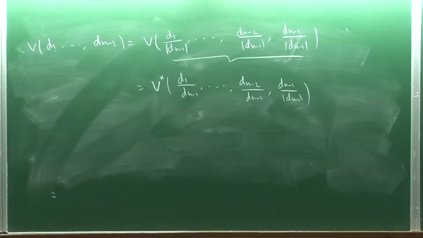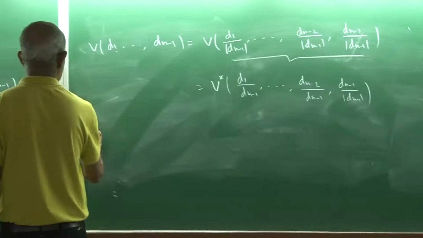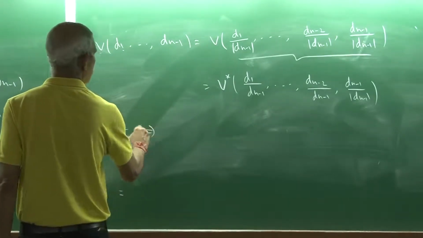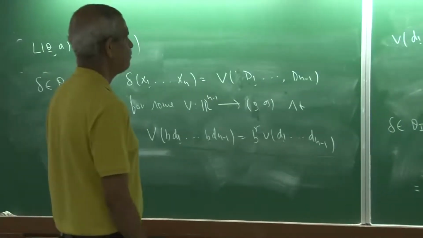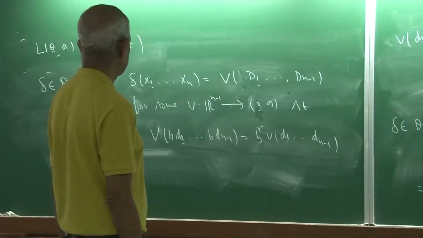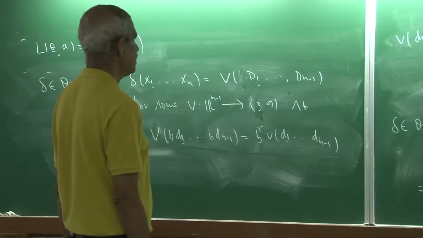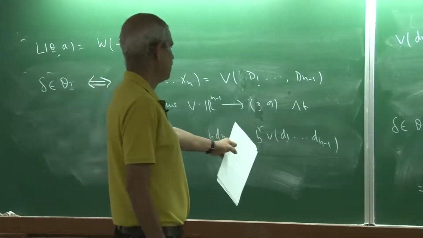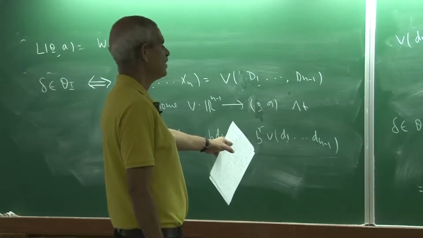All right. So what we have seen, delta belongs to di. What we have seen, V of d1, d2, ..., dn-1 would be 1 upon mod of dn-1 to power r also, right?